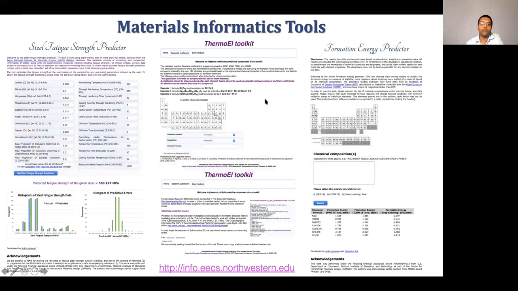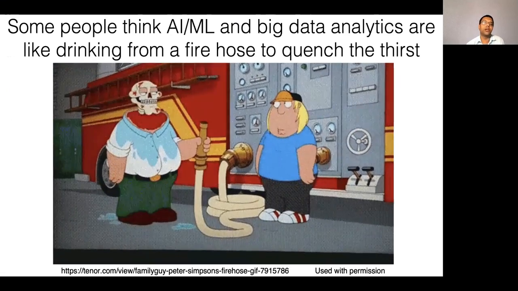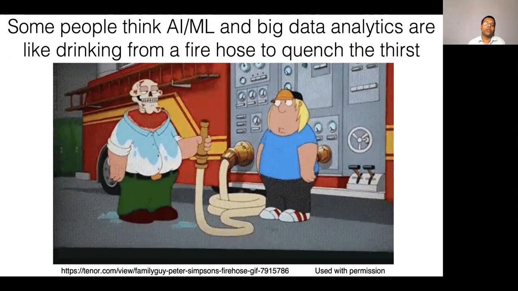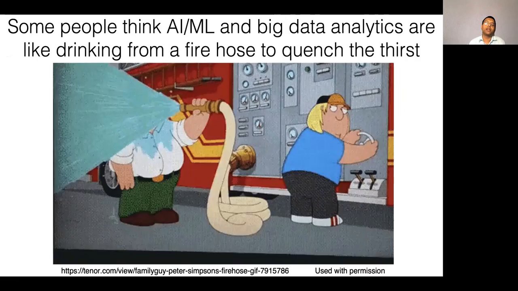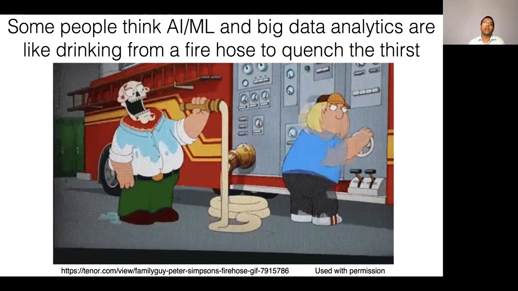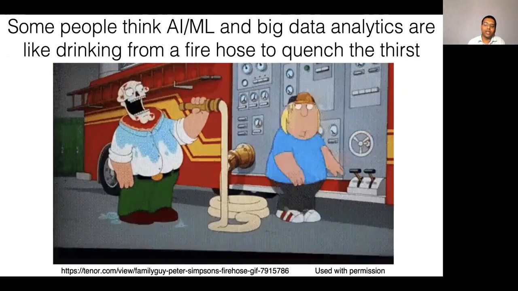And then I guess I'm going to end with this humorous take on what I feel about this whole thing. Some people think that AI, machine learning, and big data analytics are like drinking from a fire hose to quench the thirst, and that's definitely not the case.